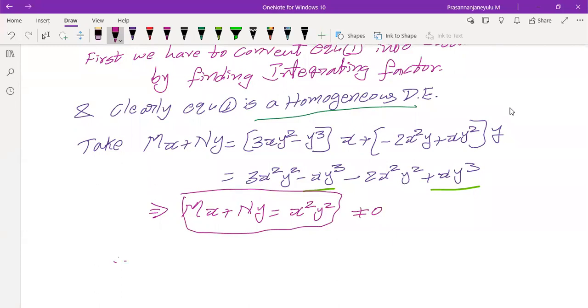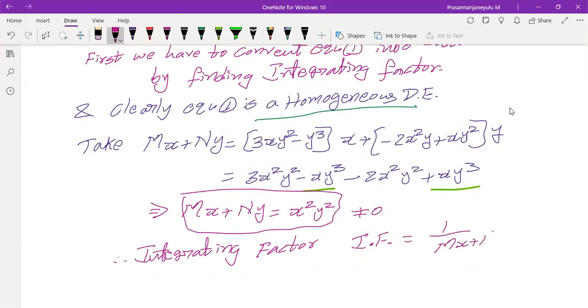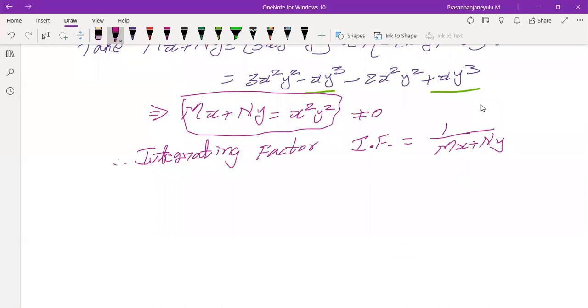Therefore, the integrating factor. What is the integrating factor? I.F. equals 1 by Mx plus Ny. That is our formula according to our procedure. Then we'll get I.F. equals 1 by x square y square.